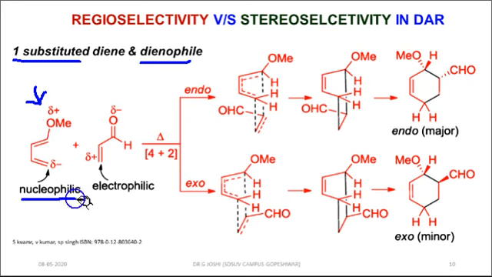As we have seen from the orbital coefficient or charge density distribution of this substituted diene and dienophile, it was observed that carbon 4 of the diene, when the electron donating group is substituted at carbon 1, will become more nucleophilic. Similarly, in the dienophile with an electron withdrawing group, carbon 2 will be more electrophilic.